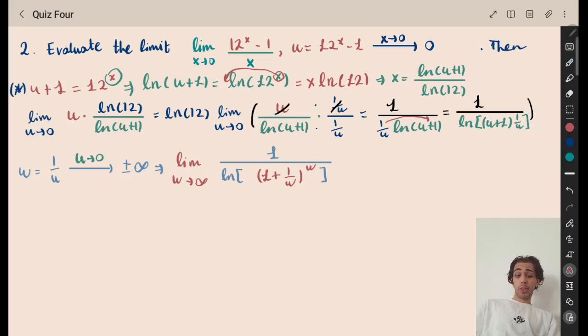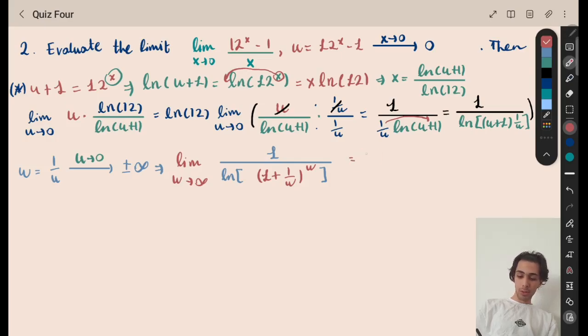Does this remind you of anything we've discussed before? Yes, this is actually the exponential number of Euler. So this is actually equal to one over ln of E.